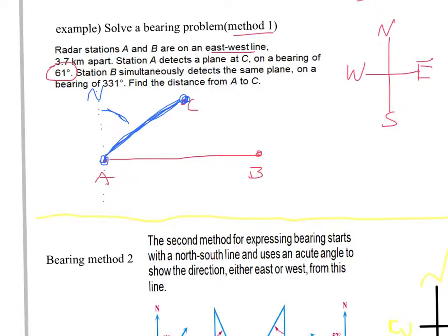Now what I like to do, like I said, is have that dashed north-south line. And when they start talking about a bearing of 331 degrees, if I rotate from here all the way to here, I've done 180, and then all the way to here I've done 270, and then I've got to go a little bit more to get to 331.